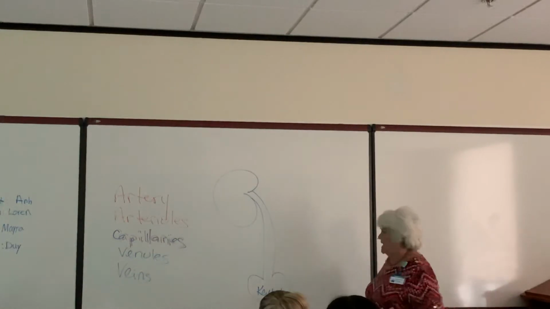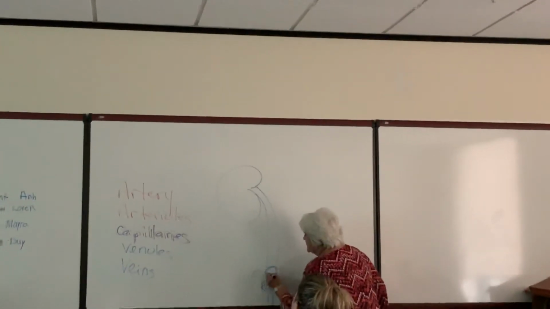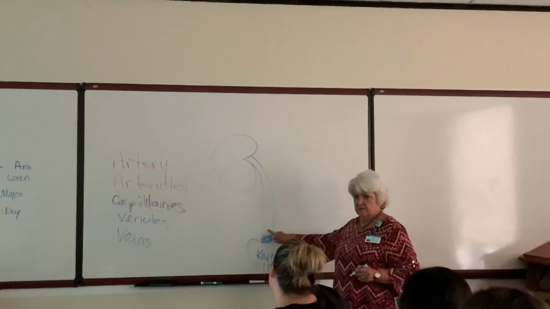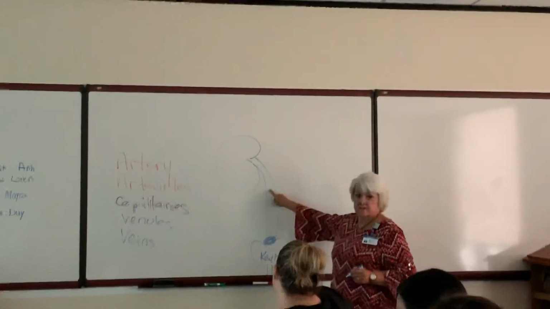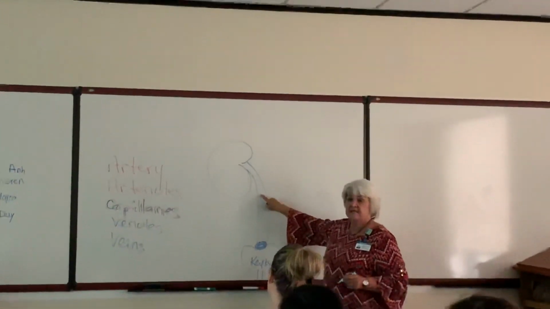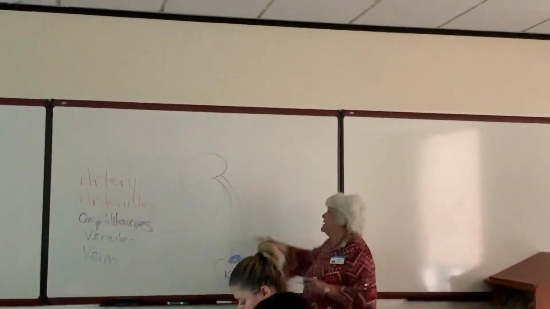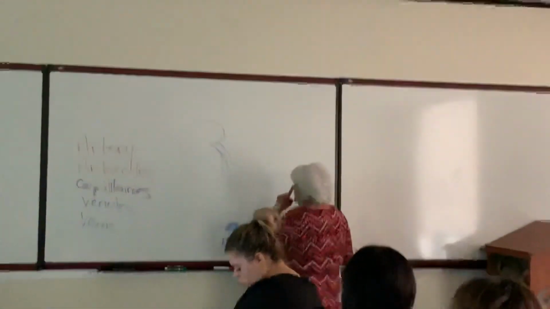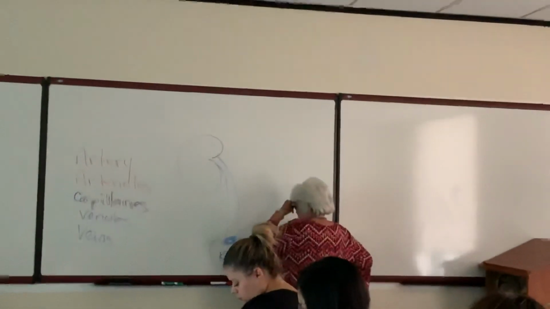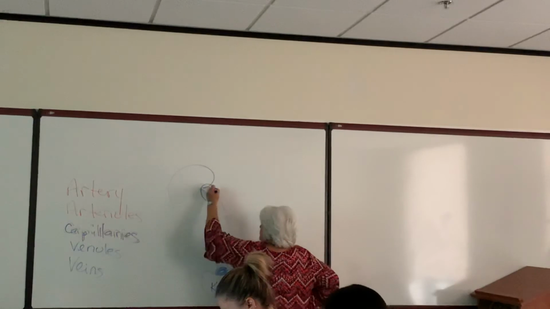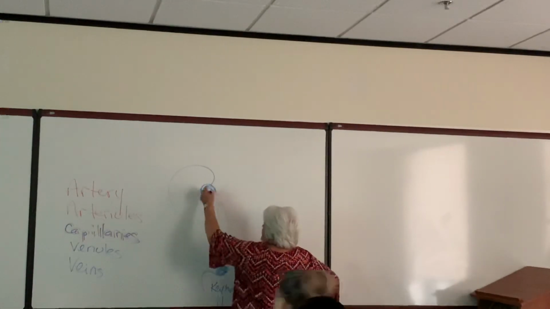Okay? If I have a stone here, what's going to happen to this? Yeah. So this is going to be blocked up and it's going to be dilated. We normally don't see the ureters because they're too small. Okay? And so this is called, my brain just went blank. If I have a stone here, what's going to happen?